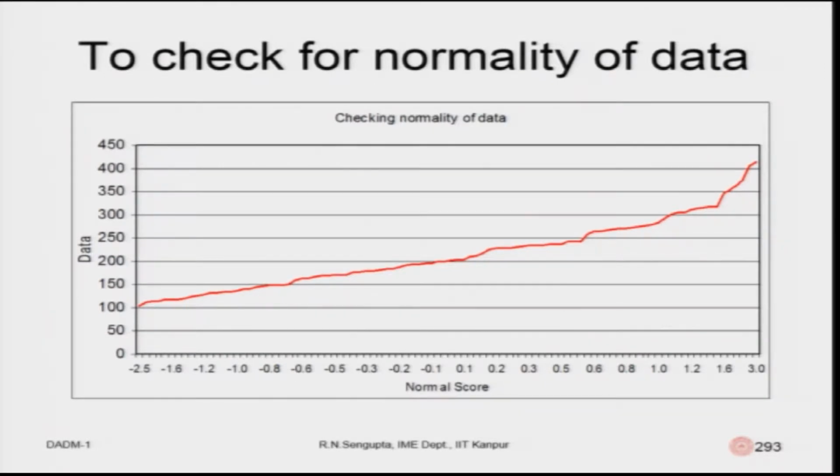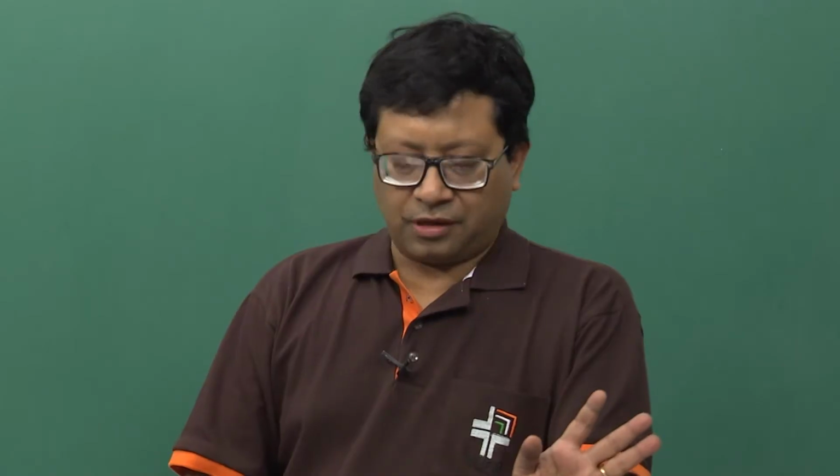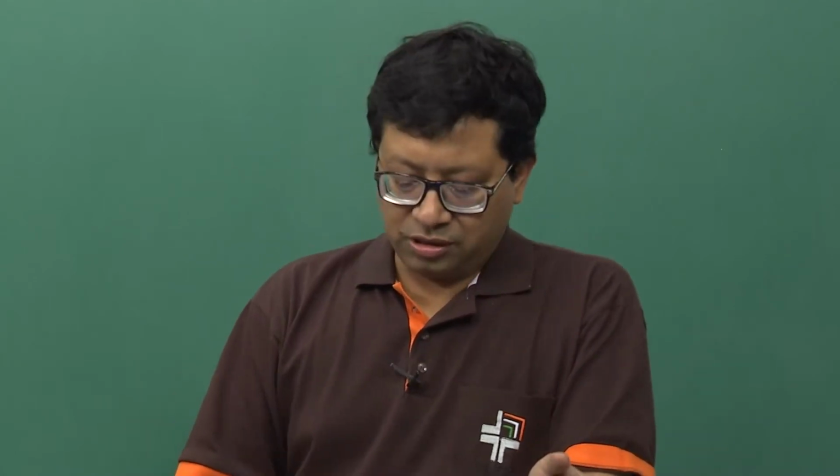Now, when you plot, the normal scores are along the x axis and the corresponding sorted data points are along the y axis. For some unit movement along the x axis, you cover the small z values, which have a corresponding CDF, my apologies, and that CDF value also corresponds to a certain value of x for the unknown distribution.